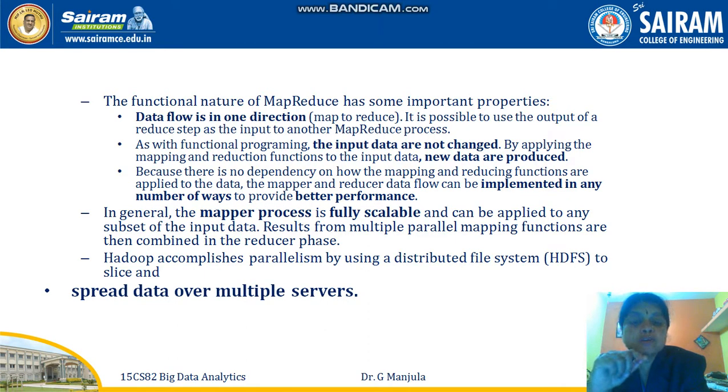Because there is no dependency on how many mapping and reducing functions are applied, it is normally implemented in any number of ways. In general, the mapper process is fully scalable and can be applied to any subset of the input data. Results from multiple parallel mapping functions are then combined in the reducer phase.